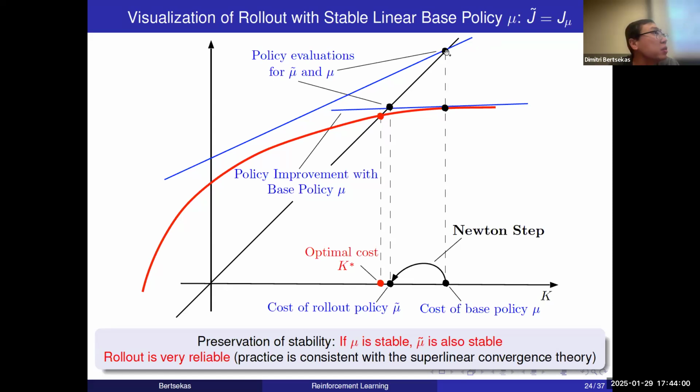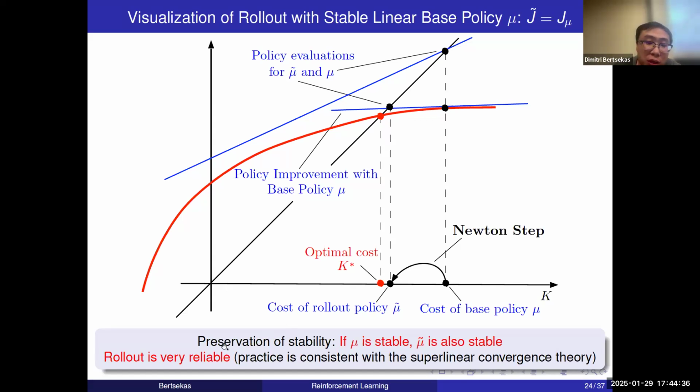We get this point, right? And this is the cost coefficient of base policy mu. Then starting from here, we do a Newton step by drawing this tangent line. You can see this part is rather flat. After drawing the tangent line and finding the cost function of mu tilde, it's much closer to J star compared with the distance of the initial base policy.